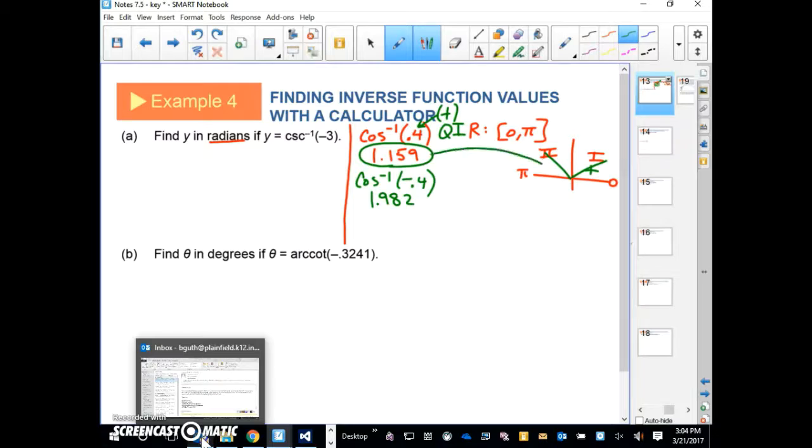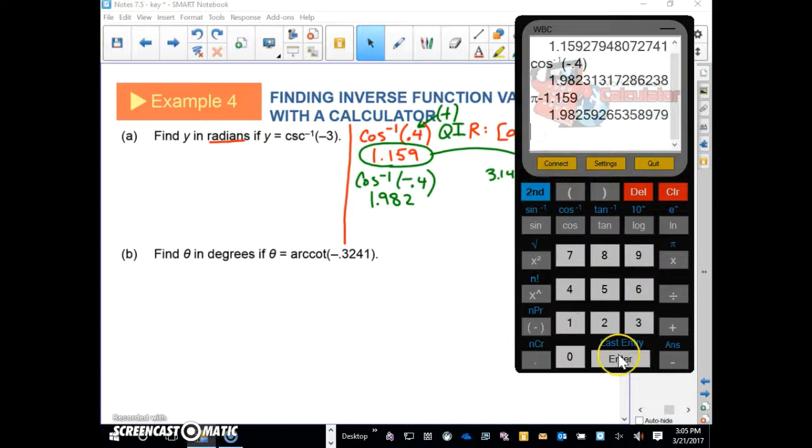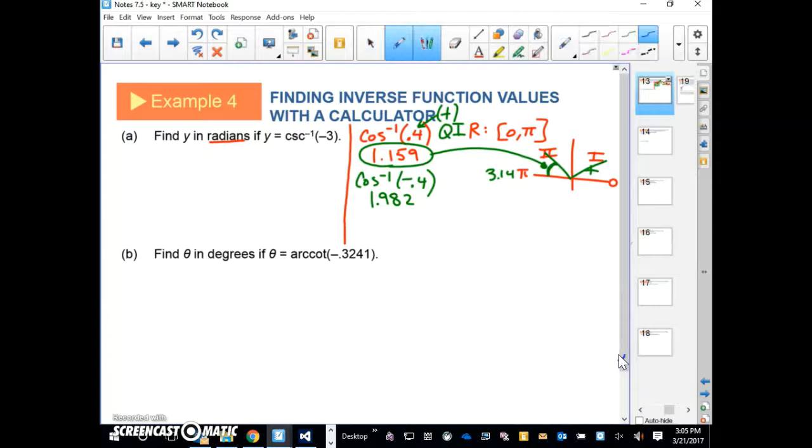That 1.159 is kind of like a reference angle. And if you remember, pi is 3.14. If we took pi and subtracted that 1.159, that should give us our 1.982. And so we're looking at 1.982 as the answer, but you can find it using either this or just looking straight at the calculator.